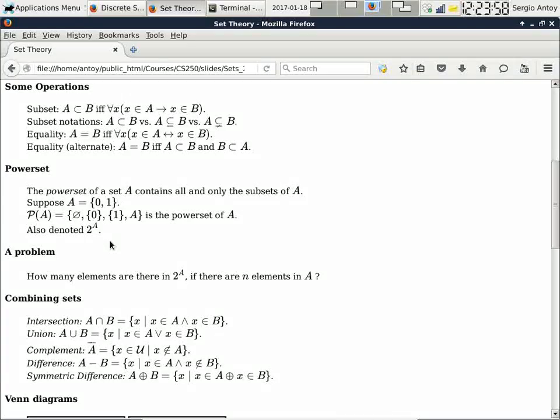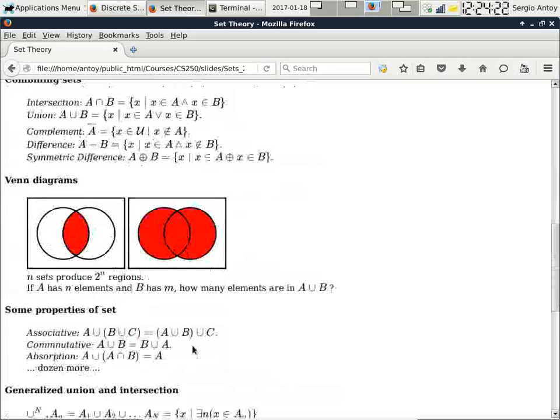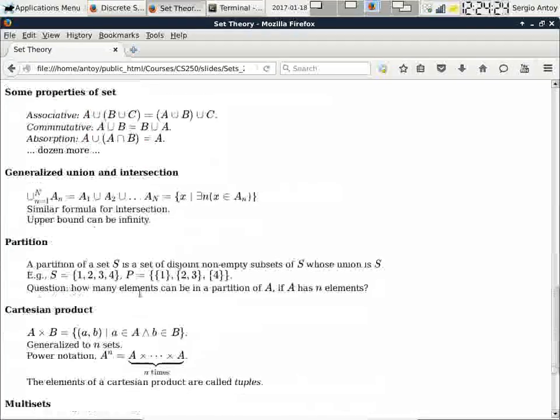Interestingly enough, when we define these, we use a formula of this kind that this is a Boolean, right? We learned this about Booleans. So Booleans help us, we use them in order to define operations on sets. We look at Venn diagrams, some properties, and partitions. All right, not much stuff.